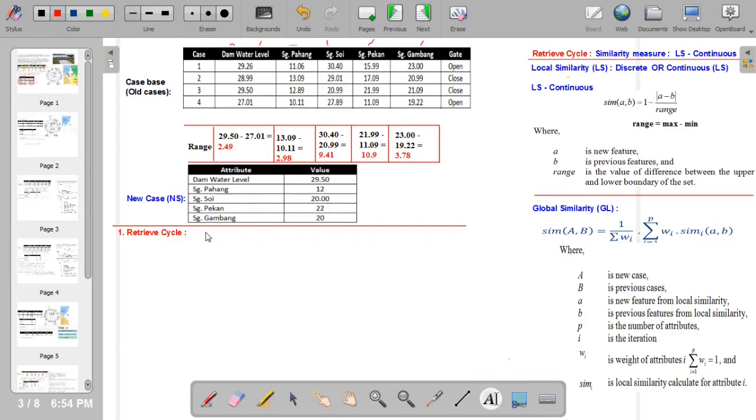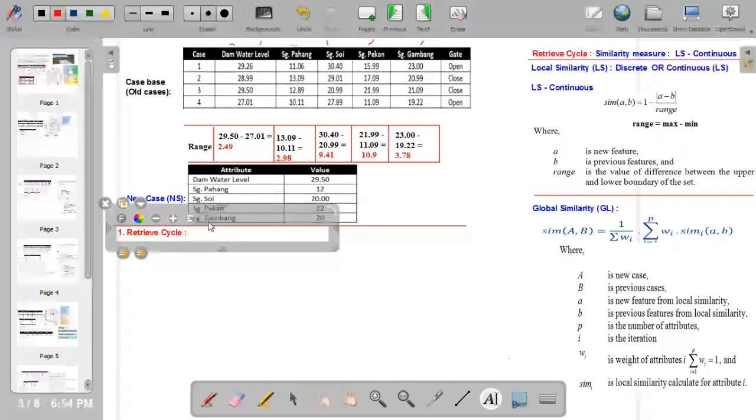So now I'm going to write here retrieve cycle. I'm going to do the similarity. I'm going to write here the local similarity for case 1, right?